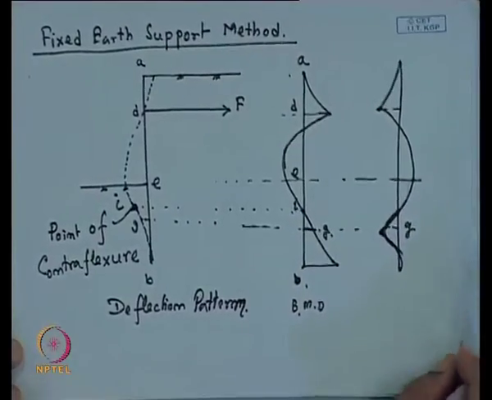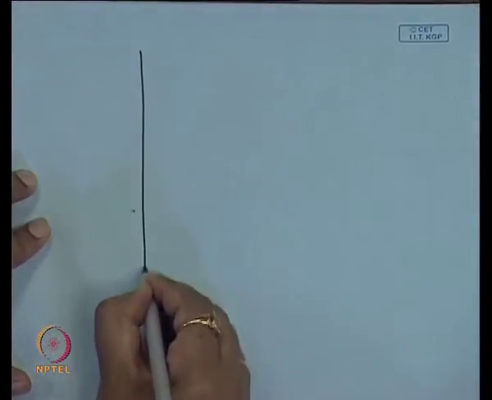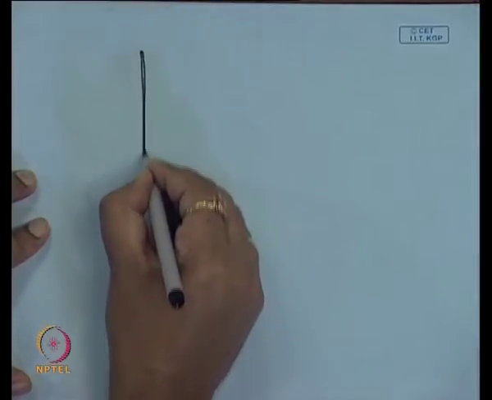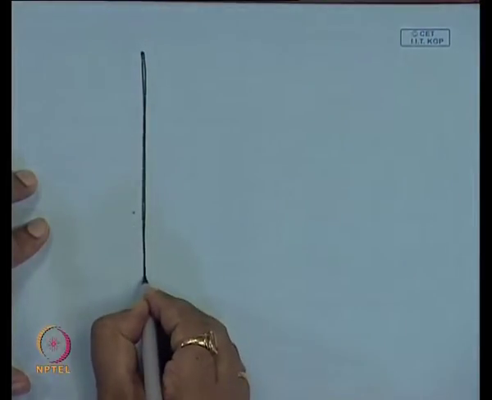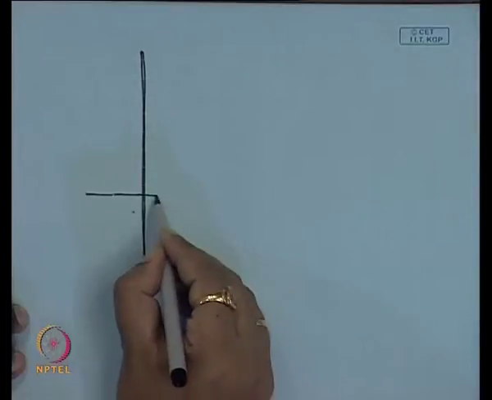Now, if I go for the pressure distribution diagram for this type of sheet pile, suppose this is the sheet pile, and this is the dredge level.